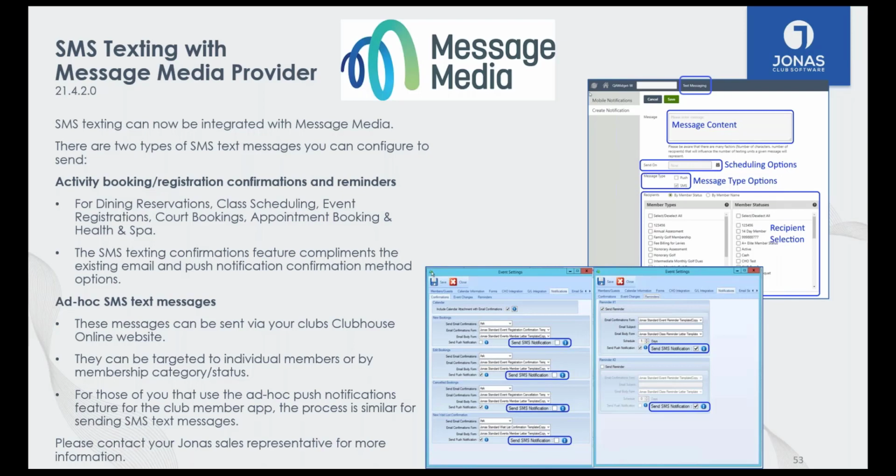There's a little image here, as you can see, where similar to sending a push notification, you can create a notification by going to text messaging, and you have the ability of targeting an individual member or a membership type or status. So that allows you to send messages outside of booking confirmations as well. So that is our first feature we wanted to highlight for today.